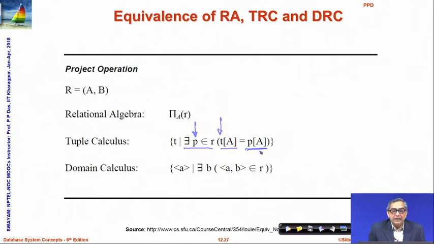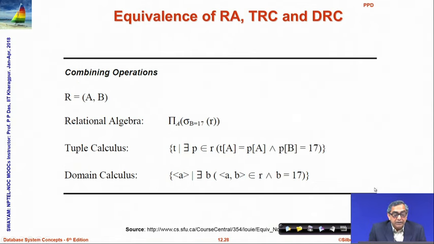In relational algebra, we said keep A and erase everything else. Here we are saying that if we have been able to get a tuple T which has a value T[A], then there must be a tuple P in R which has the same value over the same attribute. So, this condition is an equivalent representation of the projection, and the same thing can be written in domain calculus. You can go through it carefully and convince yourself.